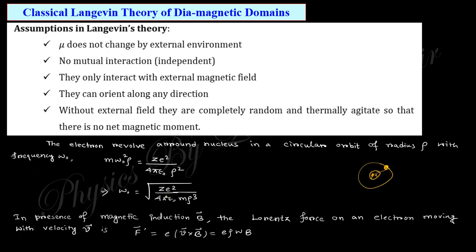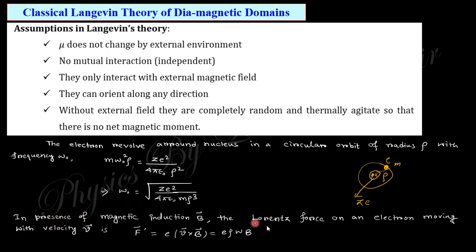If rho is the radius of this path and m is the mass of the electron, then you can easily write the relation m omega naught square rho, with omega naught the angular velocity, equals the Coulomb force, Z e into e over 4 pi epsilon naught rho square, because the nucleus charge is Ze and the electron charge is e. Finally you obtain the velocity of revolution of this electron.